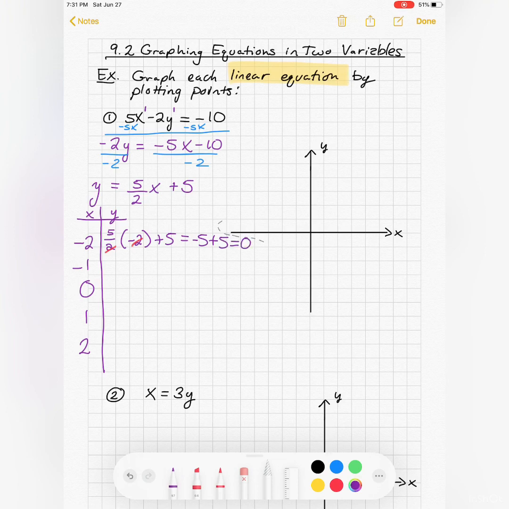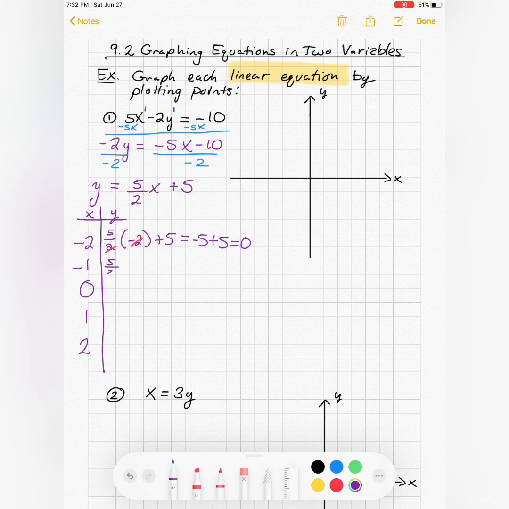I need more room here, I think. Okay, what about -1? So -5/2, and then 5 multiplied by 2 over 2, that's 10/2. So 5 over 2.